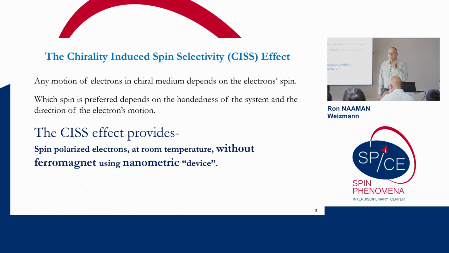And this fact by itself immediately raises questions. How come that we take material that has no spin or very tiny spin-orbit coupling, it's so small and so light, no magnet, and we can get up to 100% spin polarization.